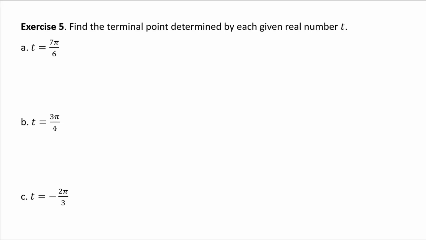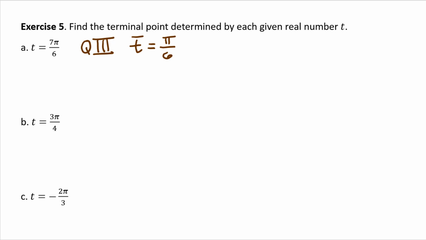Exercise 5. Find the terminal point determined by each given real number t. A. t equals 7 pi over 6. In a previous exercise, we determined that 7 pi over 6 lies in the third quadrant, and that the reference number that corresponds to 7 pi over 6 is pi over 6.